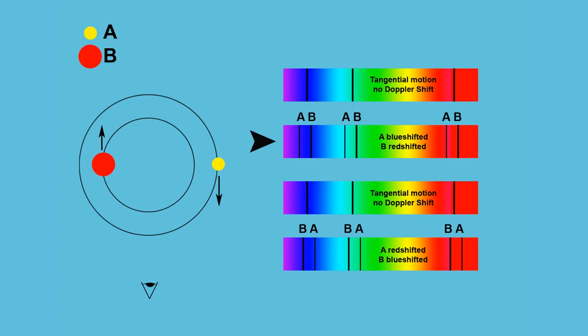So if we see this splitting and coming together of spectral lines, we know that we're looking at a double star system, probably very close together, which leads to very high orbital velocities, which means that we can see the red shifting.